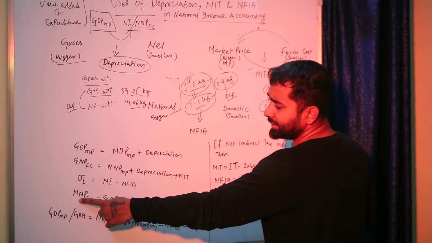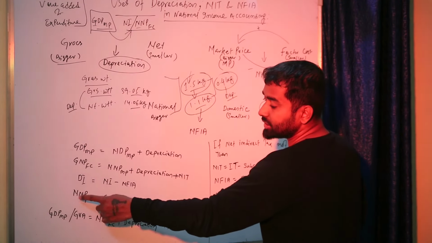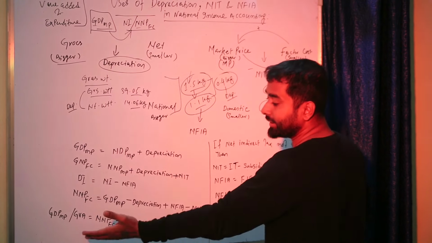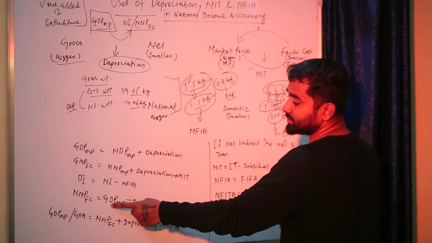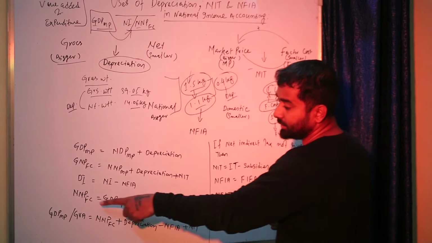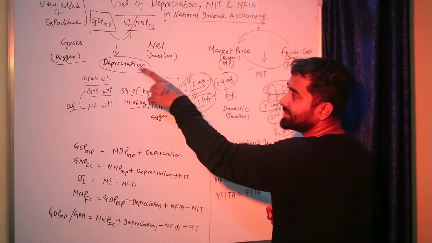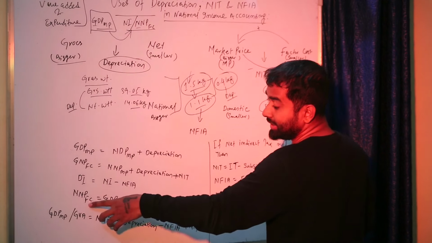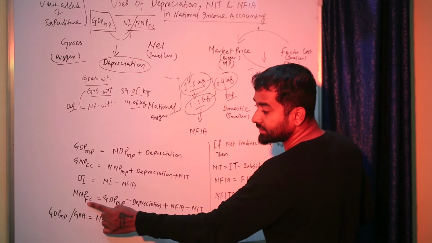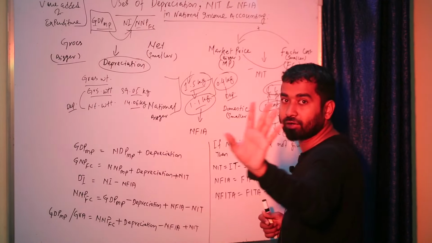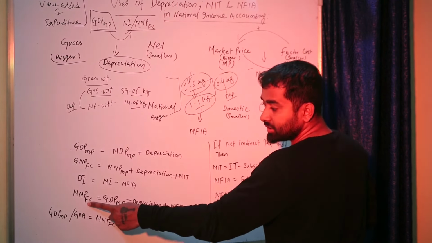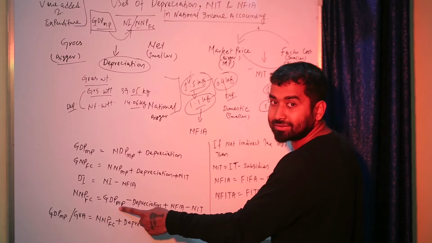Same here, NNPFC, net national product at factor cost, I am making by using gross domestic product at market price. Now net and gross we have already seen, right? We saw it using depreciation. Now for factor cost and market price, let's see the changes. Factor cost is the smaller one, market price is the bigger one.